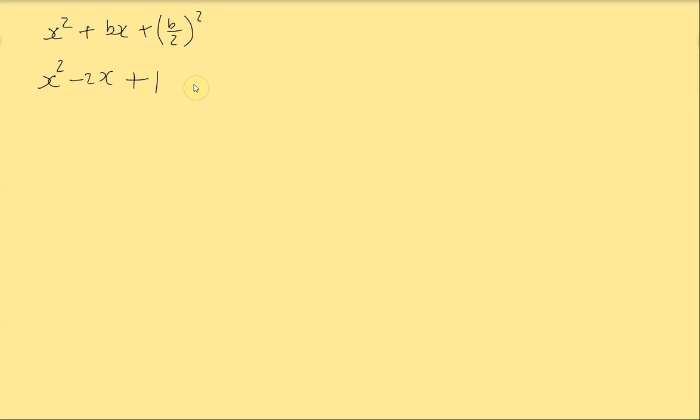Good. So this expression is a perfect square. If you look closely, when you have negative 2, you get negative 1, and if you square negative 1, you get a positive 1. So therefore this is a perfect square.